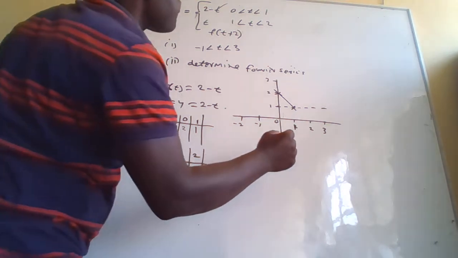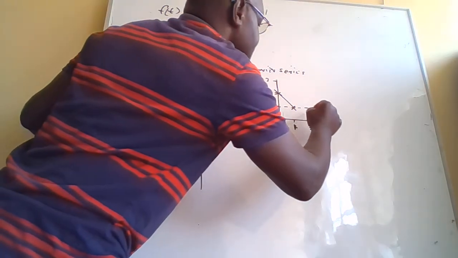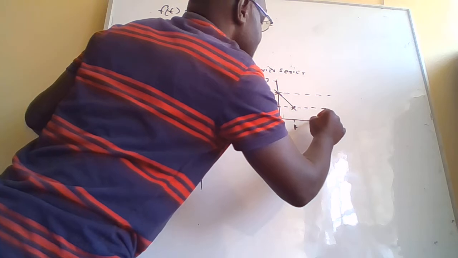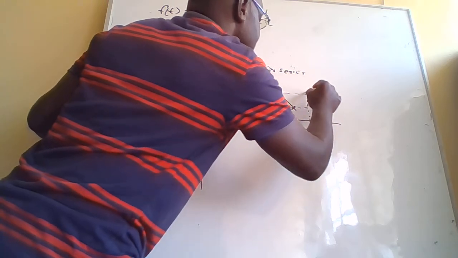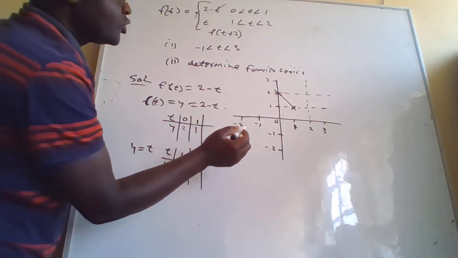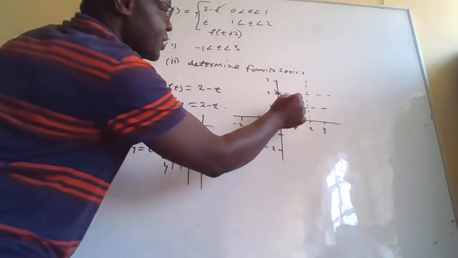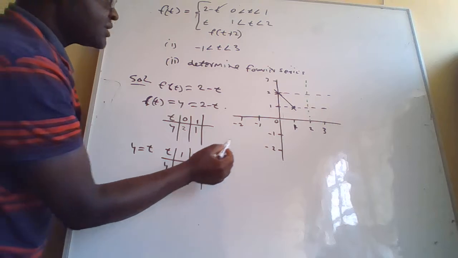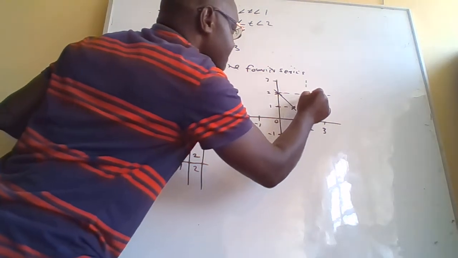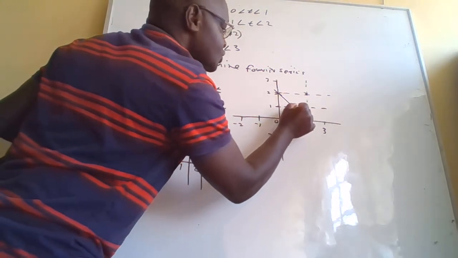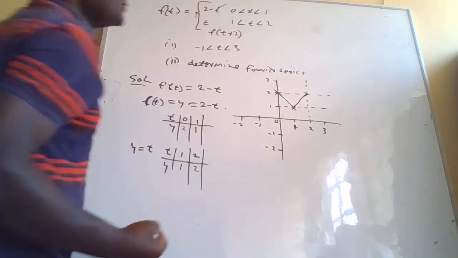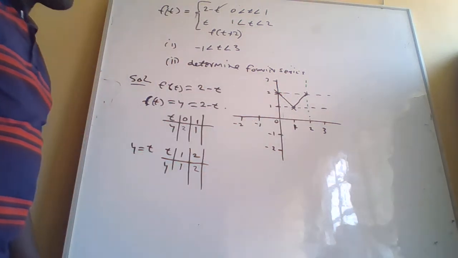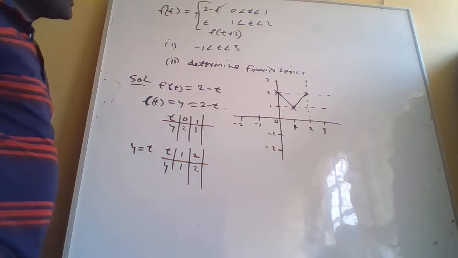Therefore, when t is 1, y is 1. We are at that point. When t is 2, y is 2. And then we join the two. So this is the sketch.